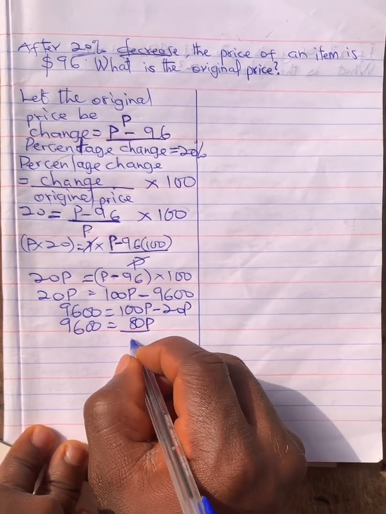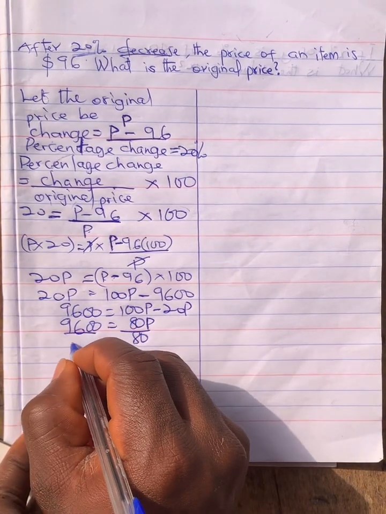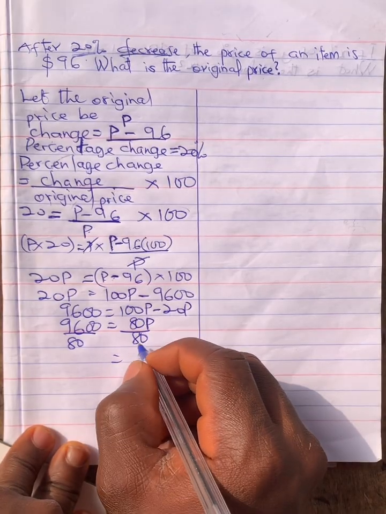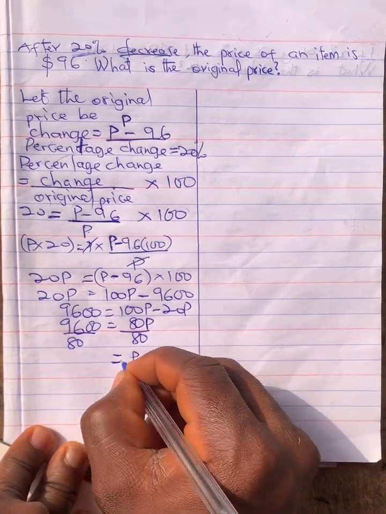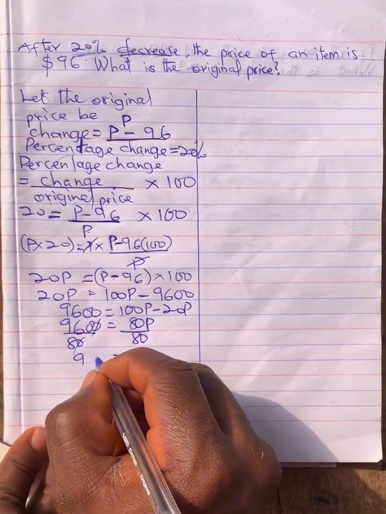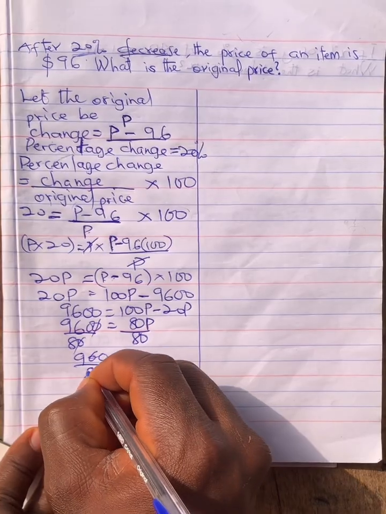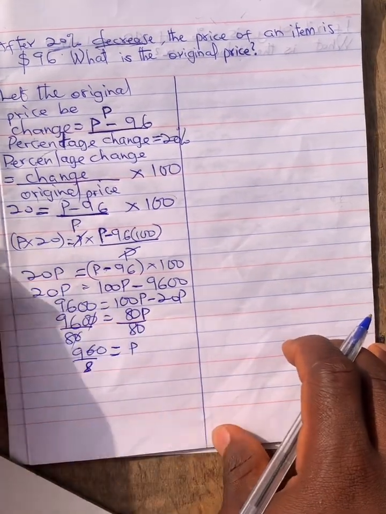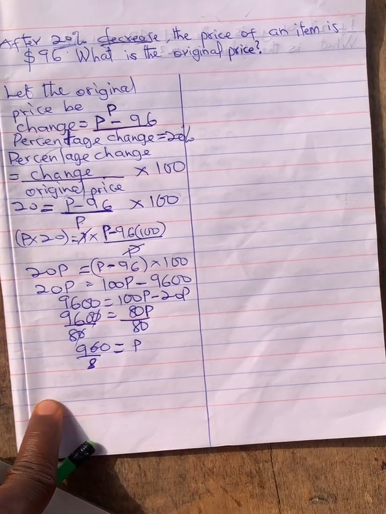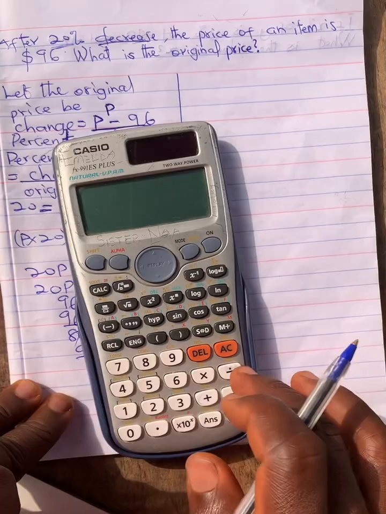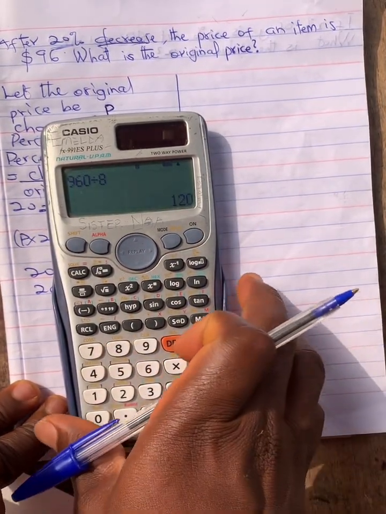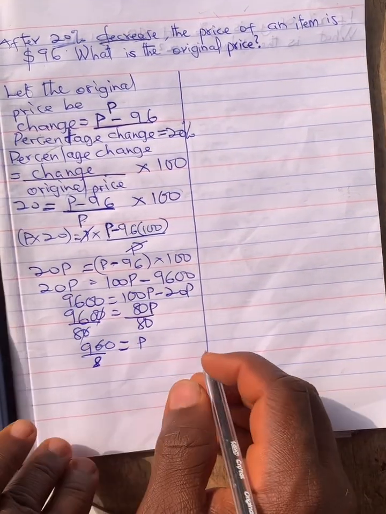So we have to eliminate the 80, leaving the P, by dividing both sides by 80. 1 times P is P. Here 960 divided by 8, the 0 is no more there. 960 divided by 8 is what? 120.